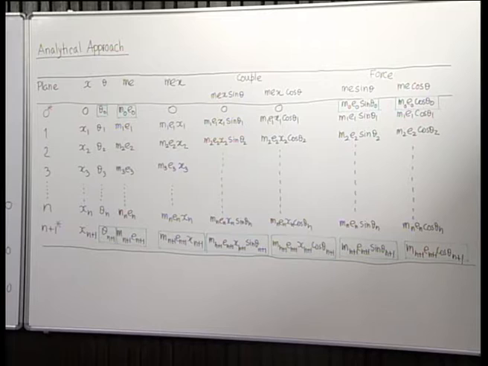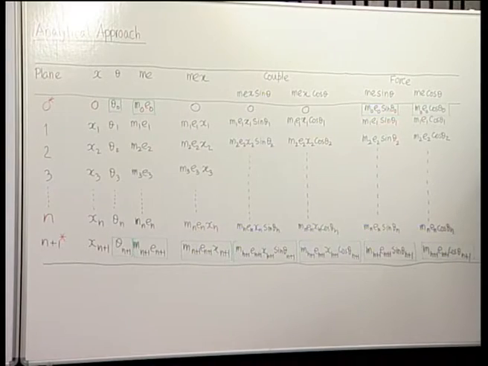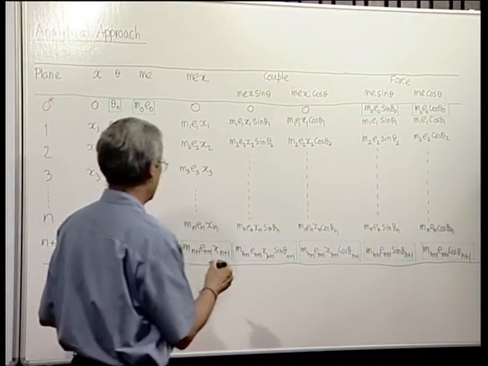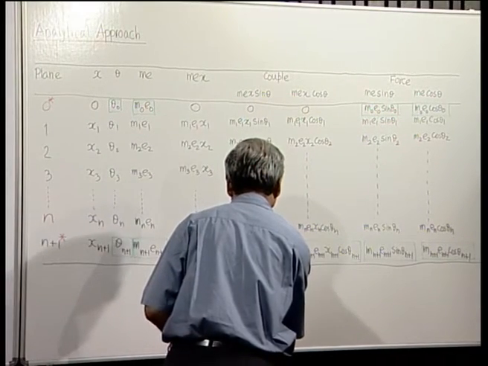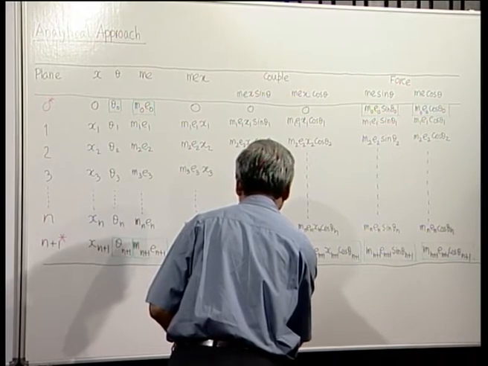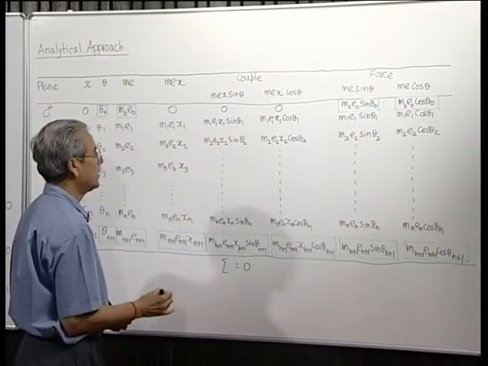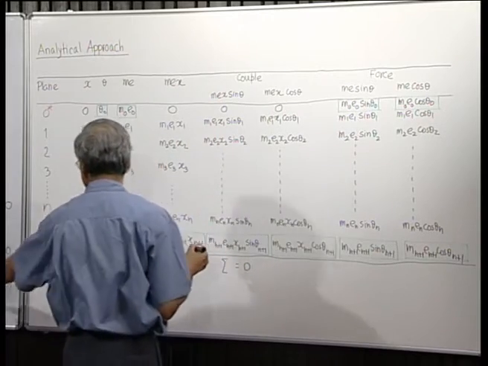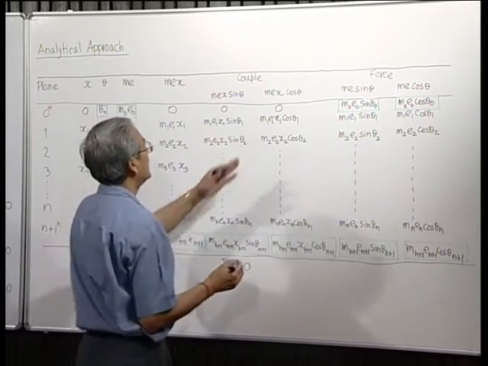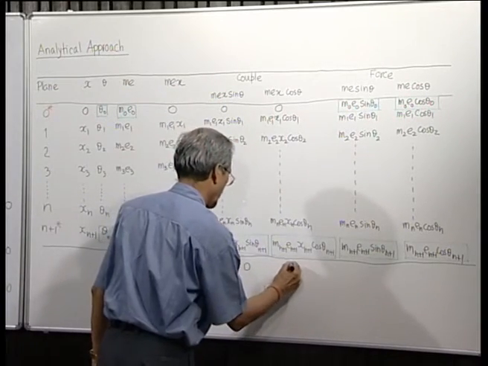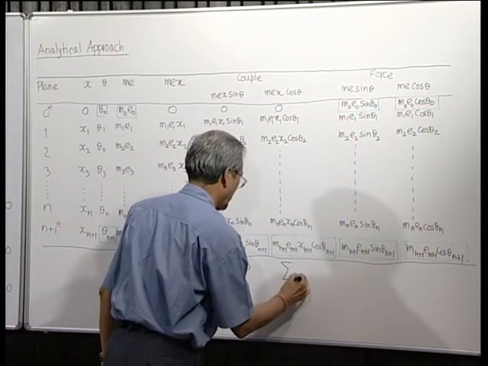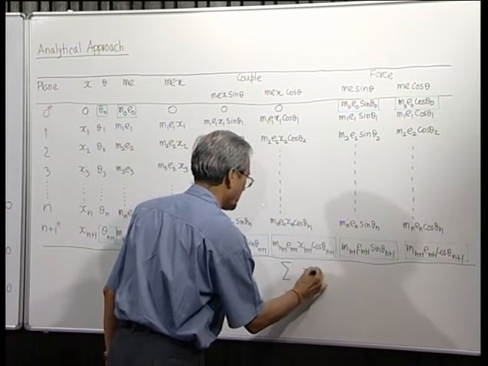Okay. So, as you can see that from these 4 equations, what it means is that this sum should be equal to 0. This is the couple x component. This is one sum, the cosine component of the couple, it should also be 0.